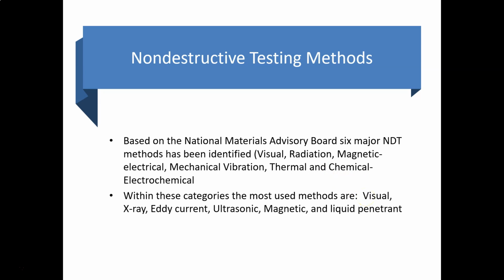Based on the National Material Advisory Board, there are six major non-destructive testing methods that have been identified: visual, radiation, magnetic, electrical, mechanical vibration, thermal, and chemical, electrochemical.